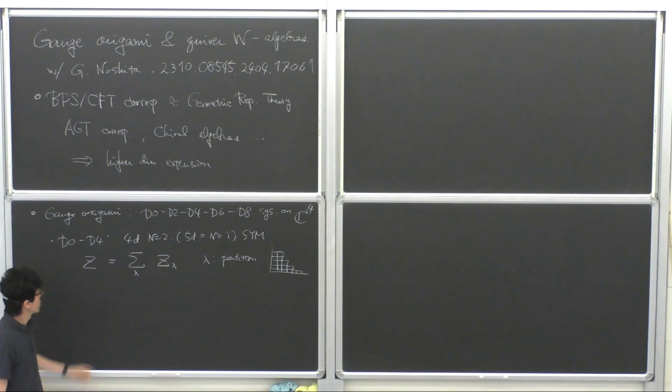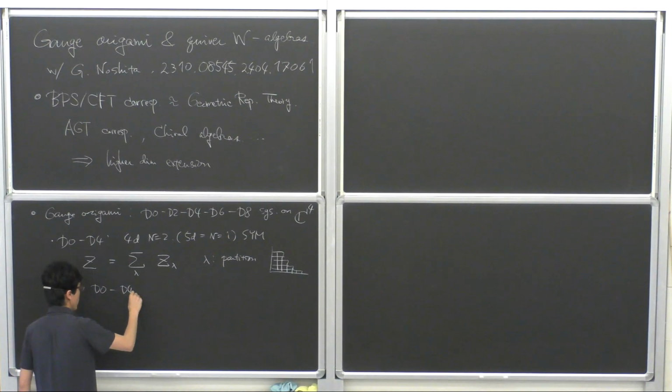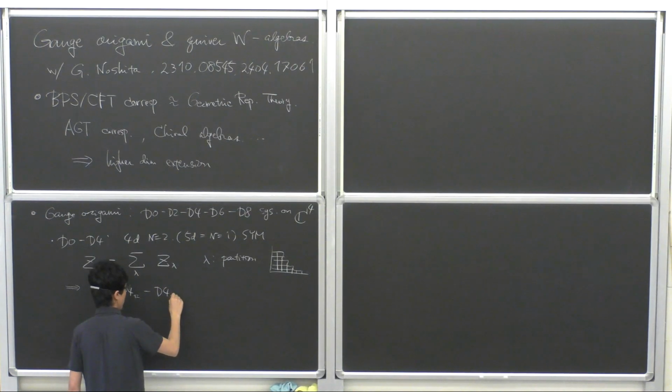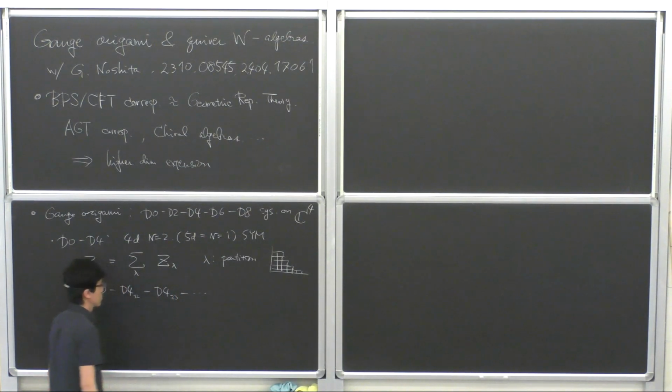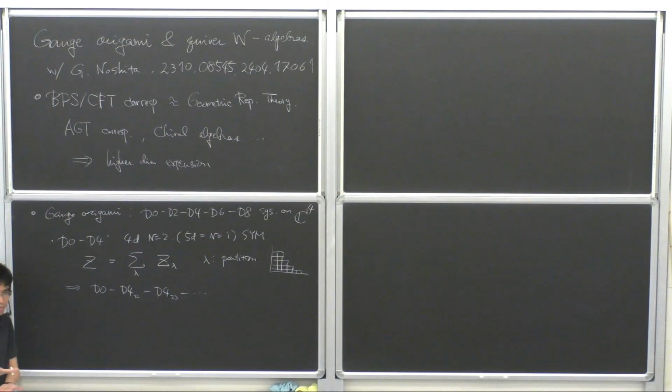But in general, you can think about a more generalized situation like a D0, D4 extending in 1, 2, and also D4, for example, extending in 2, 3, etc. So that we can add D4 planes extending in different directions. And of course, in this case, we should be careful about, for example, the supersymmetry condition. If you arbitrarily add D-branes, that may violate the supersymmetry, so we need to care about this kind of argument.